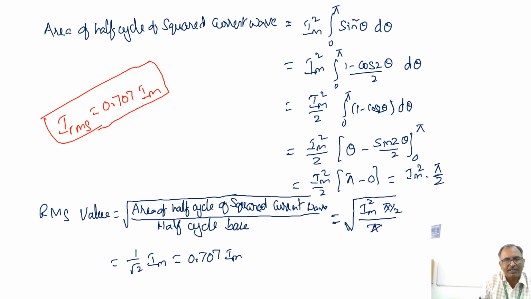So this is the expression for RMS value of sinusoidal current. In a similar way, we can get the expression for RMS value of voltage, which is given by 0.707 times Vm. Thank you.